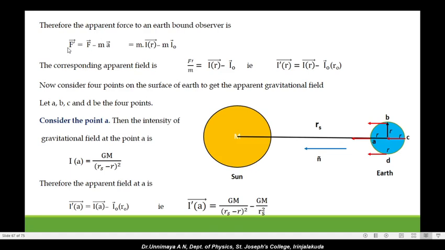So F prime is equal to F minus ma, the apparent force experienced by an observer on the surface of Earth.